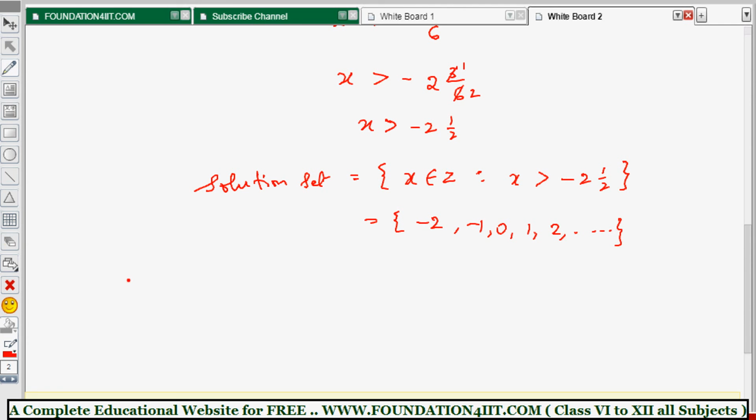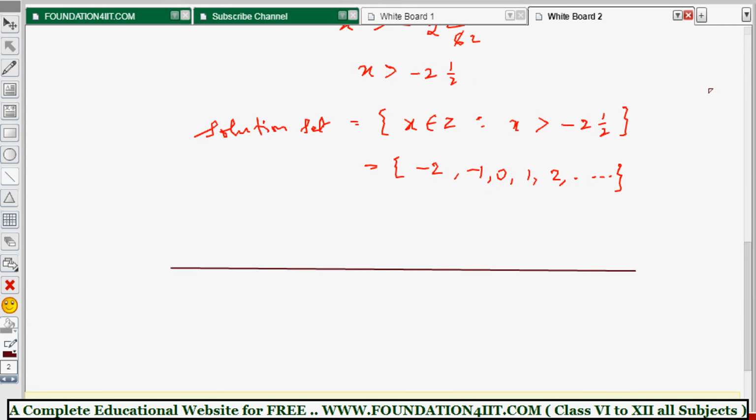We can represent this solution set on a number line like this. Take a line. Anything infinite, we can use the same, but we need to apply some dots. I'll show it here. I'm starting from minus 3: minus 3, minus 2, minus 1, 0, 1, 2.